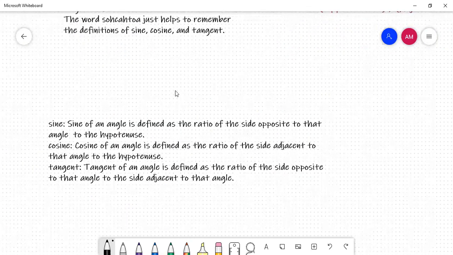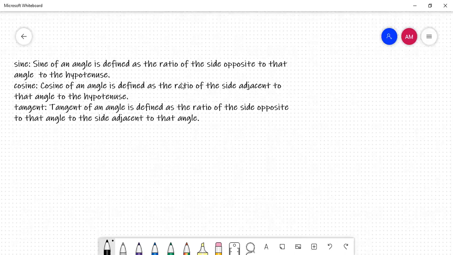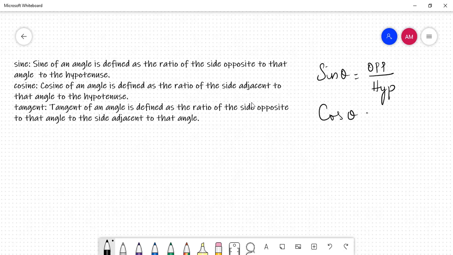So what is the definition of sine? Sine of an angle is defined as the ratio of the side opposite to the angle to the hypotenuse. So what is sine theta or sine A? Opposite side by hypotenuse. What is cos theta? Cos of an angle is defined as the ratio of the side adjacent to that angle to the hypotenuse.